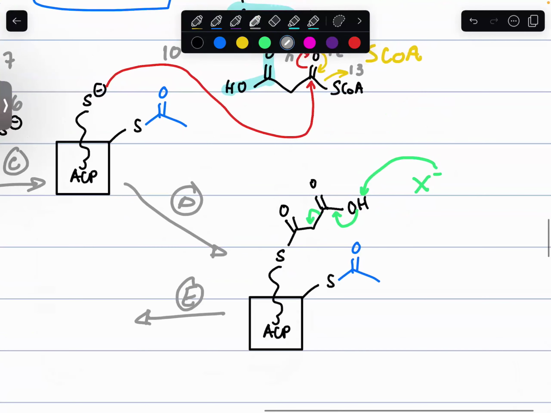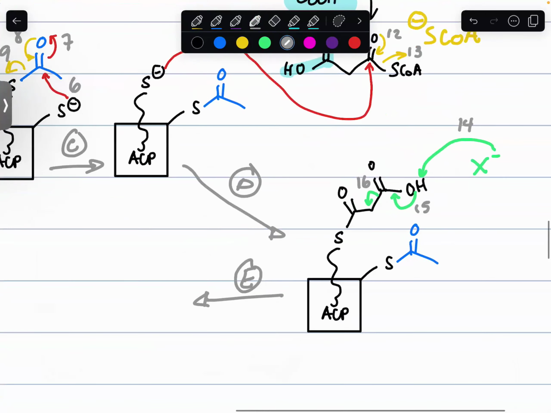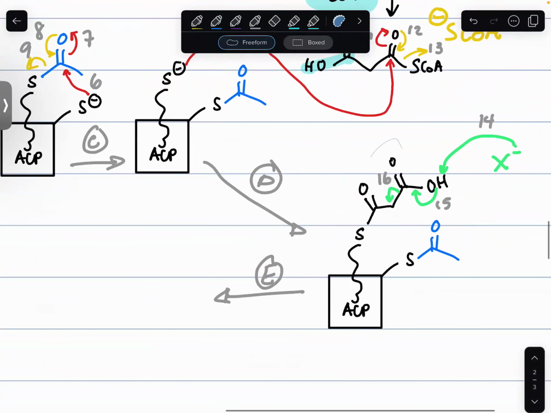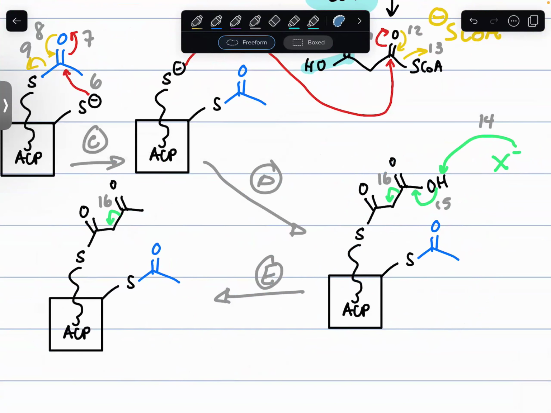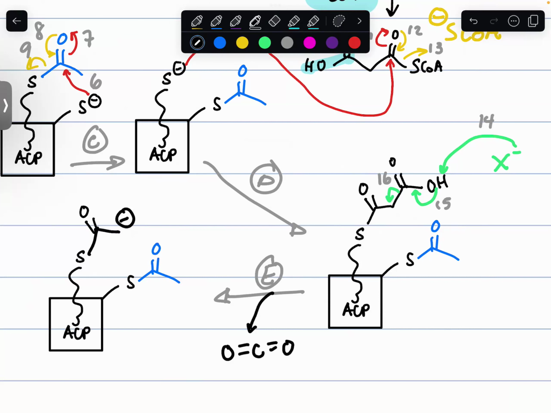So are we starting step one? Yes. Does everyone follow the decarboxylation?